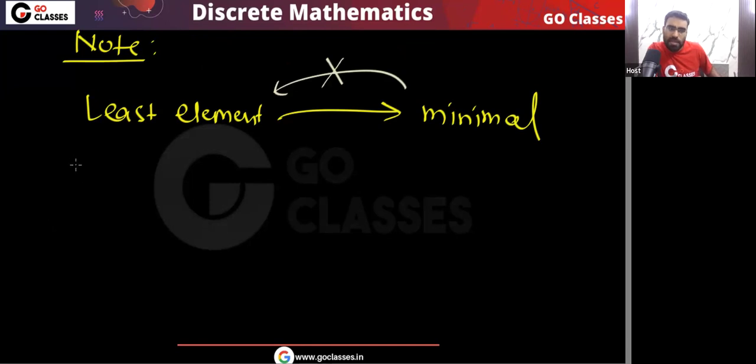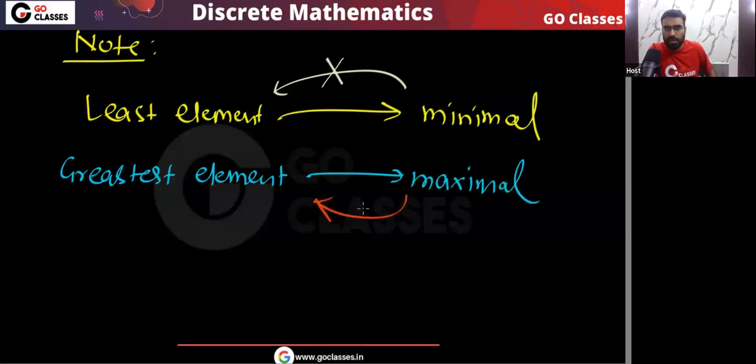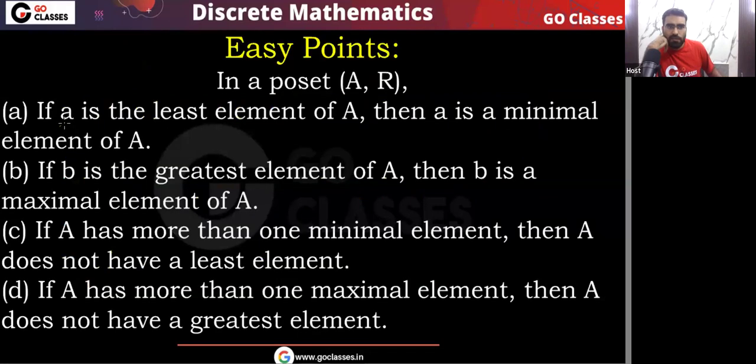No. Similarly, remember the greatest element will be maximal also. But the converse does not happen. If A is the least element, then A is minimal also. If B is the greatest element, then it is maximal also.